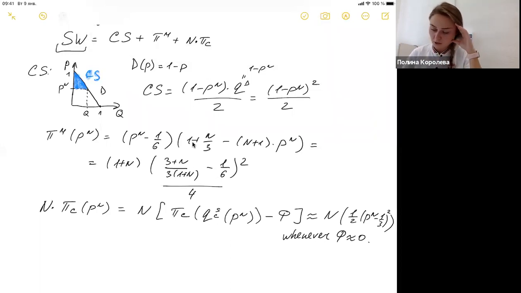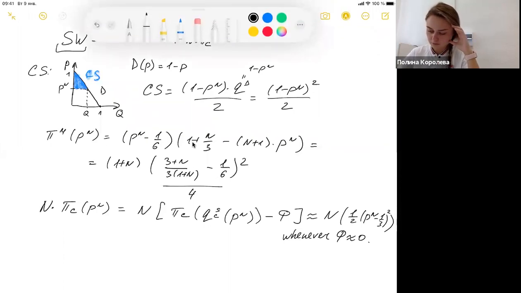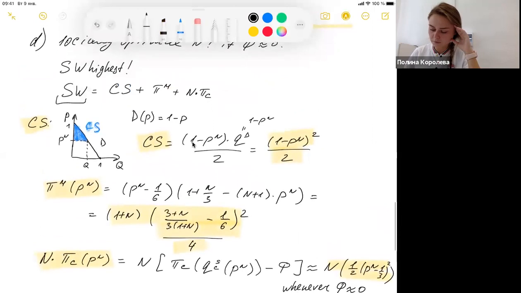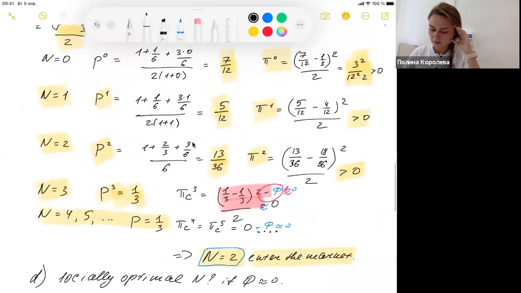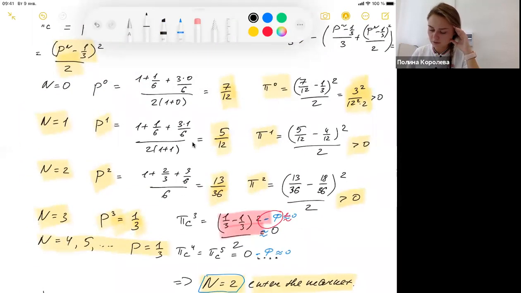So, okay, we have all equations: for consumer surplus, for profit of monopolist, and for the sum of profits of competitive firms. We know the prices for each number of firms from the previous point. You see, we found all these prices.